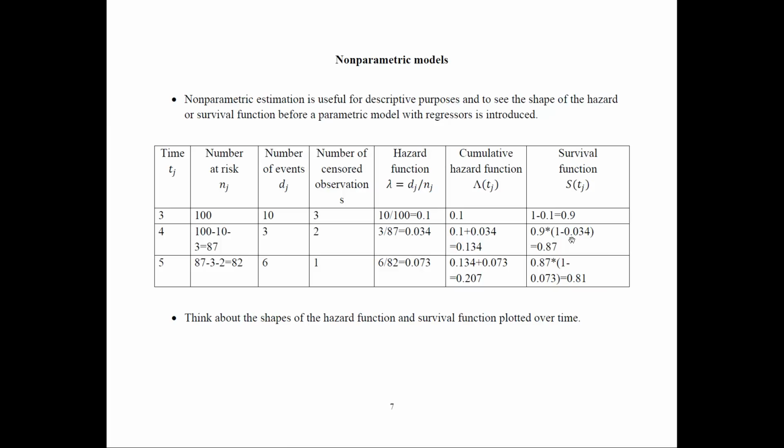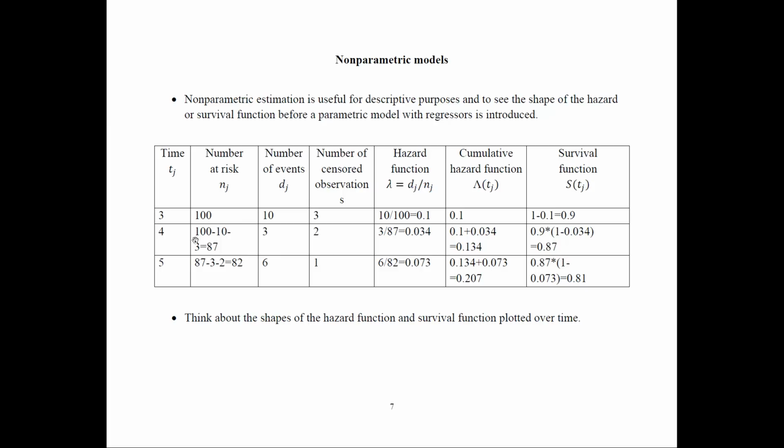And who is surviving? Well, all of them that didn't have the failure. So all of them that didn't have the failure is 1 minus the failure rate, and that would be 0.87. So you take the survival from last period, multiply by the survival at this period, and you get the cumulative survival so far.